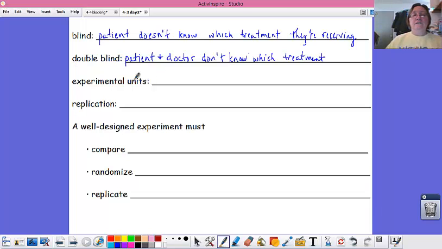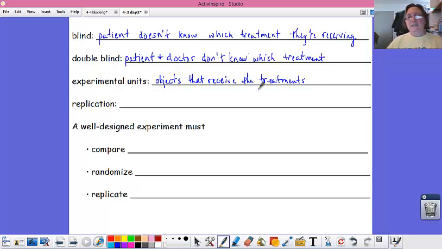Experimental units, we've used that term before, but the experimental units are the objects that receive the treatments. So if you're thinking about the popcorn, the objects were the 20 time slots, because that's the thing that we randomly assigned a treatment to.